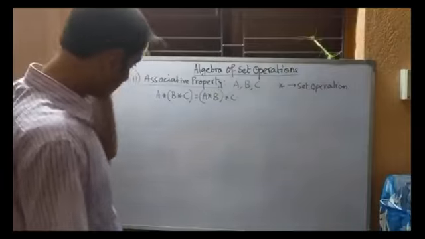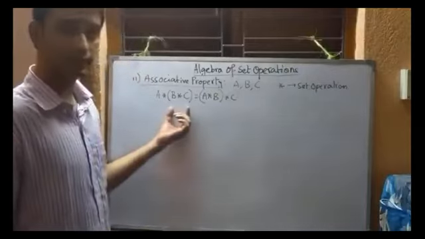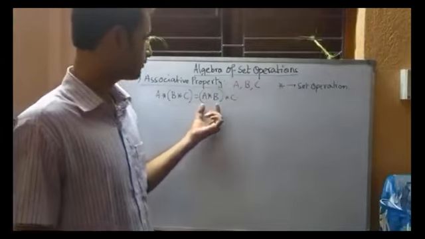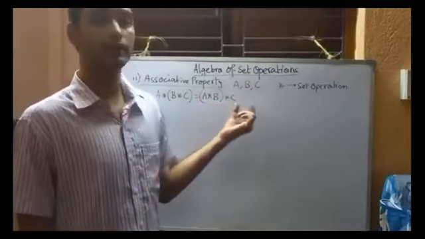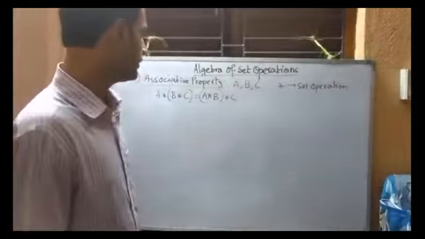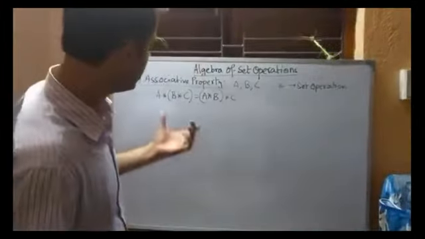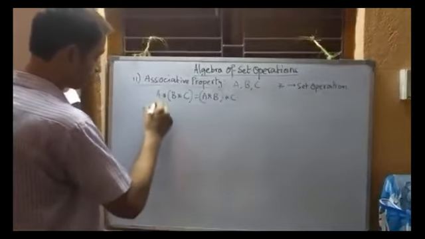On the left side you are first doing the operation with B and C, then operating with A, and on the right side you are first doing the operation for A and B and then operating the result with C. So if these two give the same result, we say that star is associative.